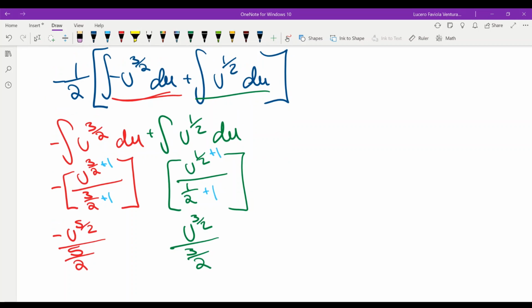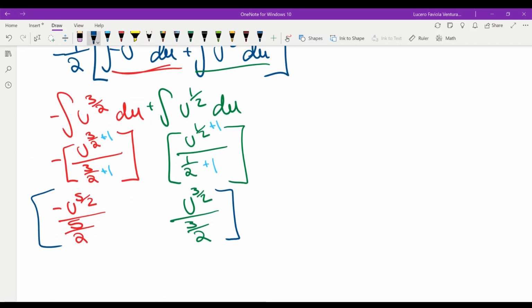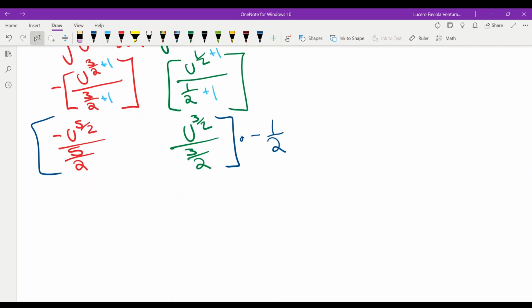Now we bring our negative 1/2 down and rewrite it as its original function, so negative 1/2 times this added up together. And I'll bring out the denominators so that we can see it much clearer.